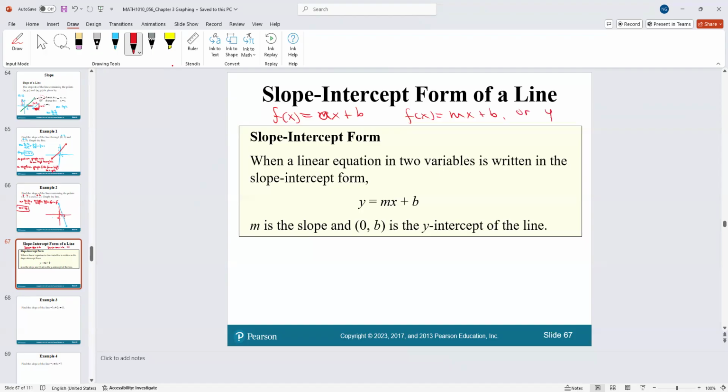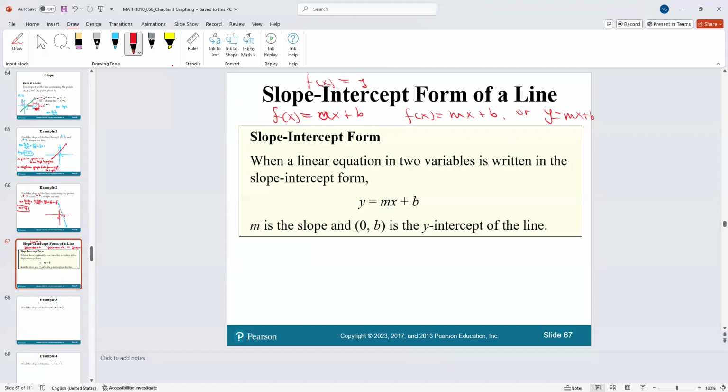Or you can write it y. Remember we said anytime you say f of x, it's the same thing as y. So y equals mx plus b is a different way of writing exactly the same thing.